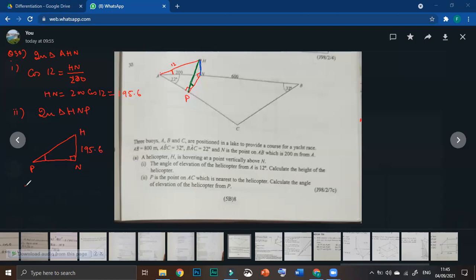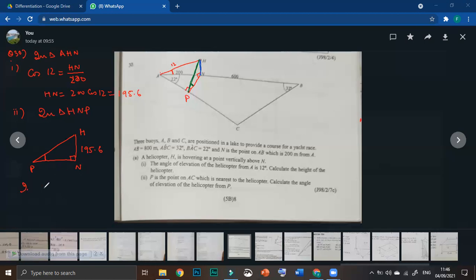H, A, and P, to find the height. In a triangle there are three vertices. H, A, and P, there are four letters. This one cannot be a triangle.